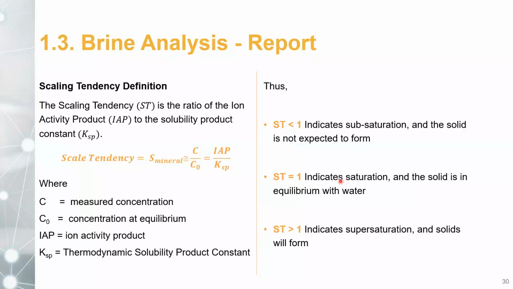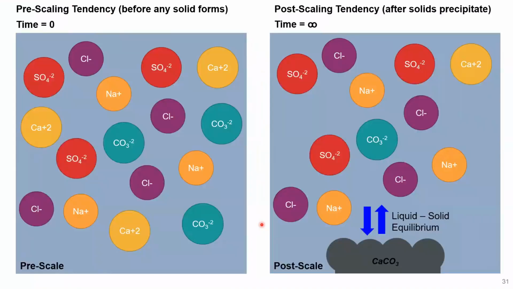Okay, and if we add more ions, then immediately we will precipitate solids out. So this is an equilibrium condition. Okay, saturation equal to 1, and then if we have our saturation ratio above 1, that indicates supersaturation, and for sure we will see precipitation of solids at the bottom of a beaker, for example. So that is what we mean about scaling tendencies.